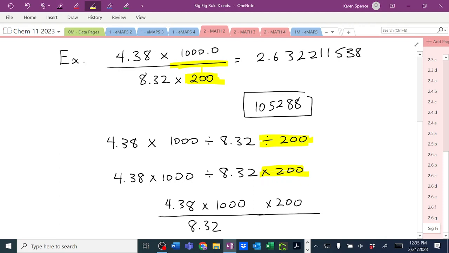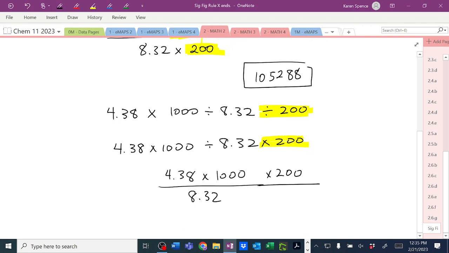Now there is another option as well, okay? You could also type in 4.38 times 1,000 divided by, and you could bracket 8.32 times 200, and that's perfectly good as well.